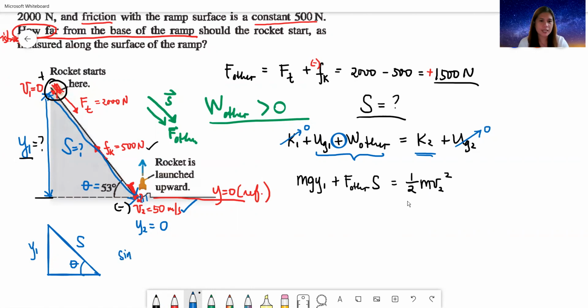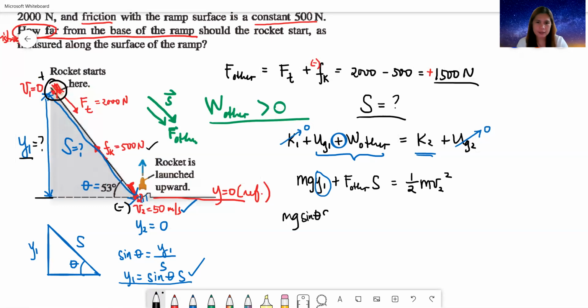So if we get the sine of theta, it's opposite over hypotenuse. Y1 therefore can be sine theta times s. So we will replace y1 with this equivalence. Okay, let's do that. So this becomes m g sine theta times s plus F other and then distance s equals 1/2 m v2 squared. Okay, we now have our equation.